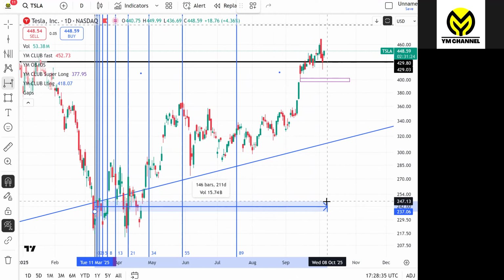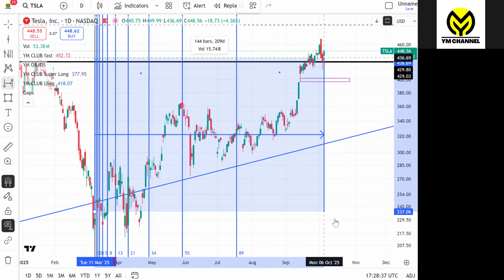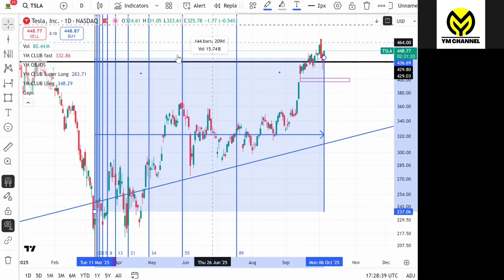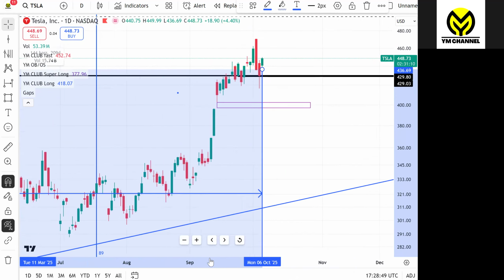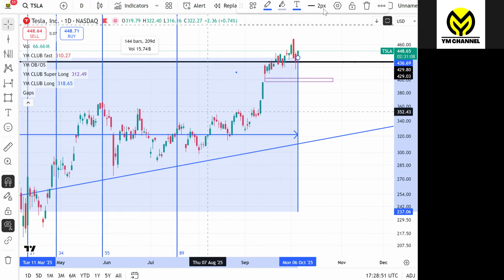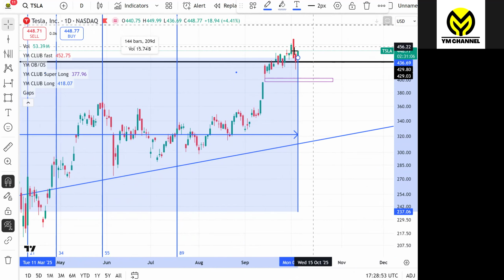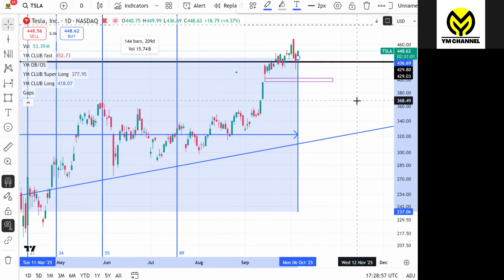Red is 144. So 144 bars, which day is it? Today, on 6th October. So either they speed up or they turn down. Today is quite critical. So you can use this method.